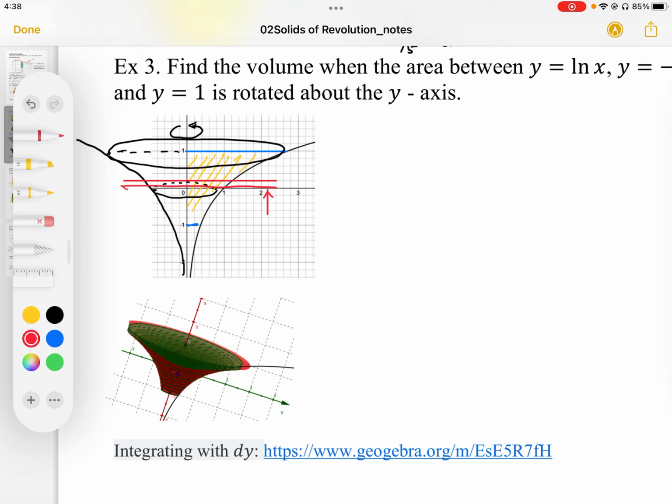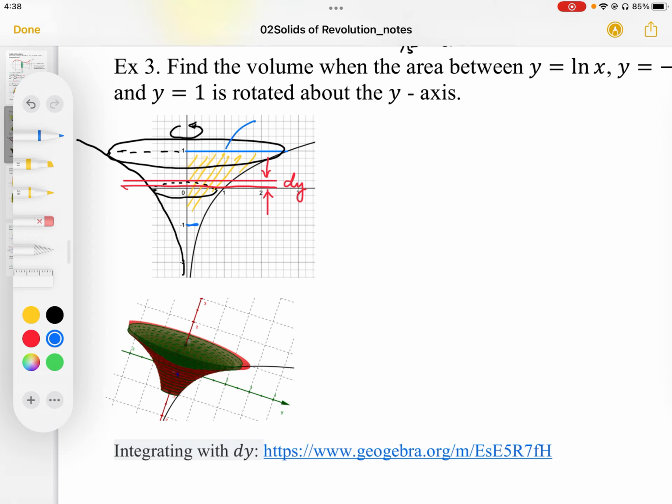Let me just draw that in again. The thickness of these slices are going to be measured with dy. Okay, well, the other thing is, to generate the radius of these circles, the radiuses are now horizontal.